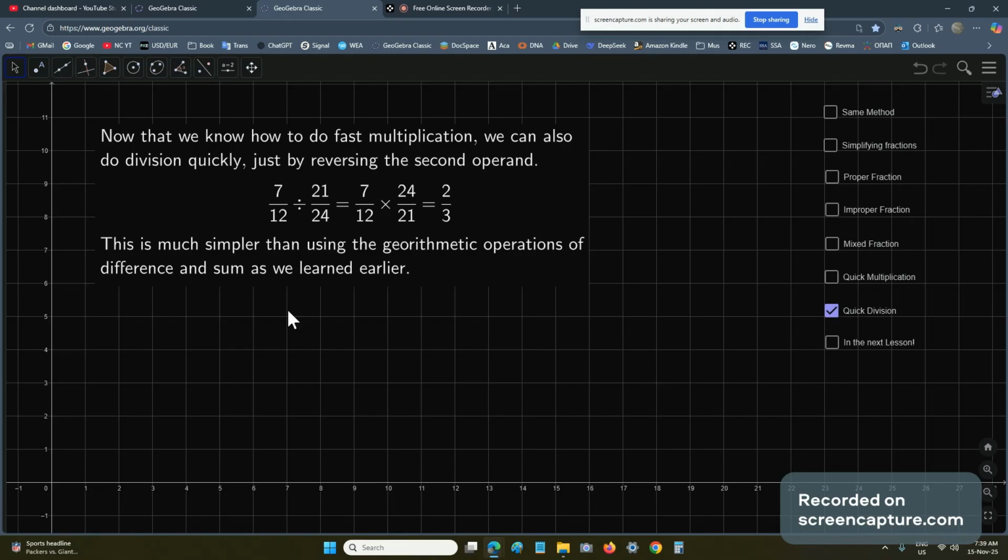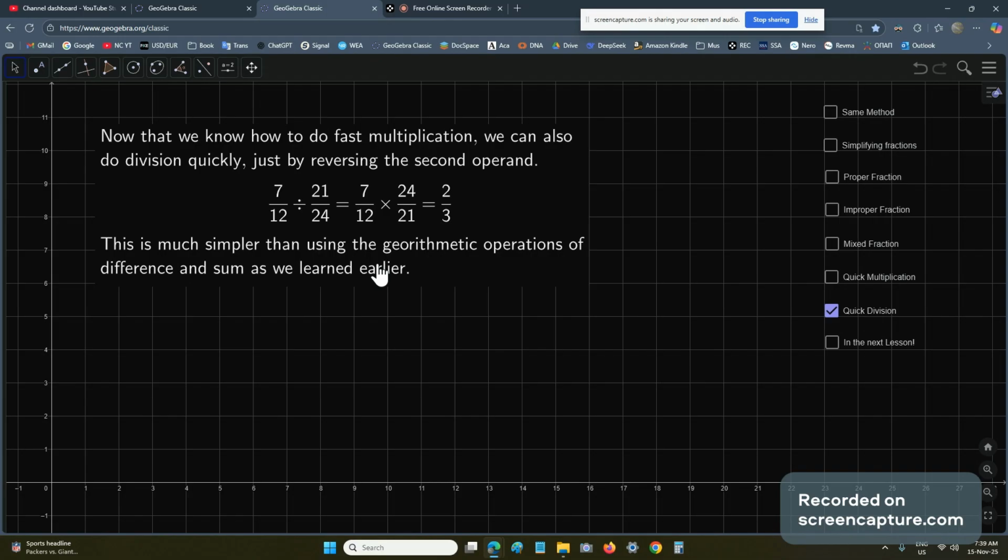And from that, we can also do quick division, okay? Because division is what multiplication is defined in terms of. So if we see something like 7 over 12 and 21 over 24, we can just change the operator and flip the two around. And this is much simpler than using the geoarithmetic operations of difference and sum as we learned earlier.